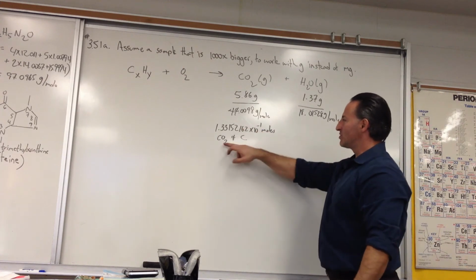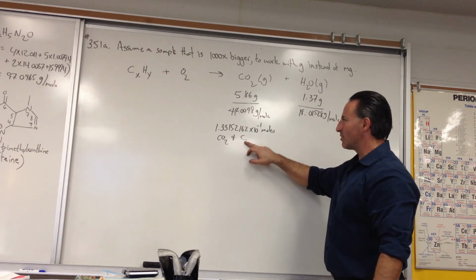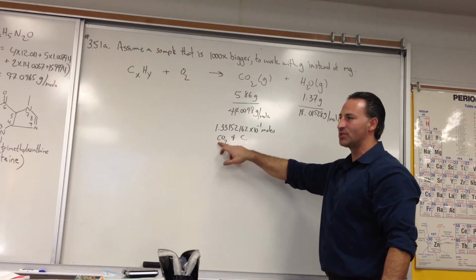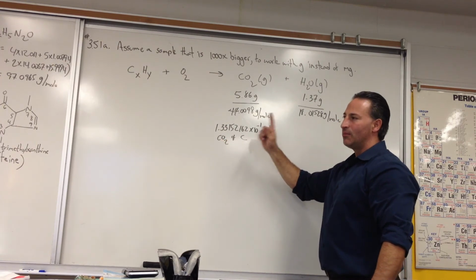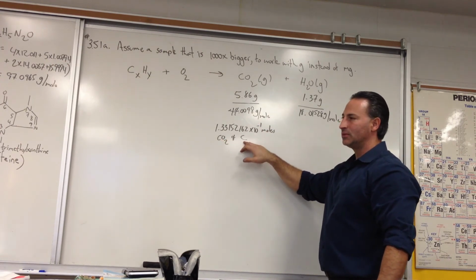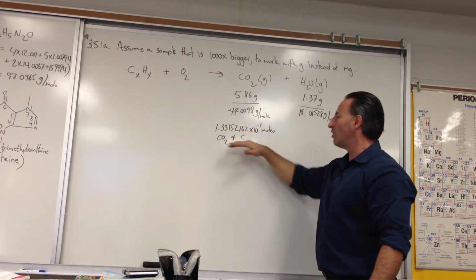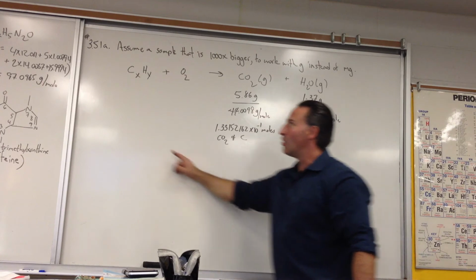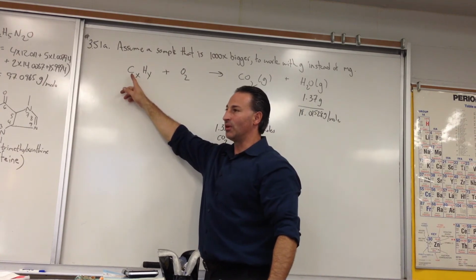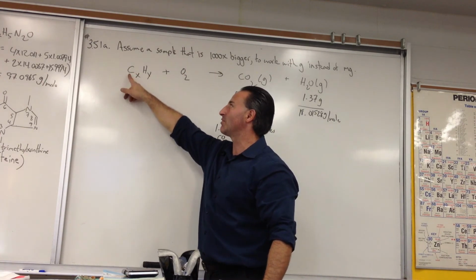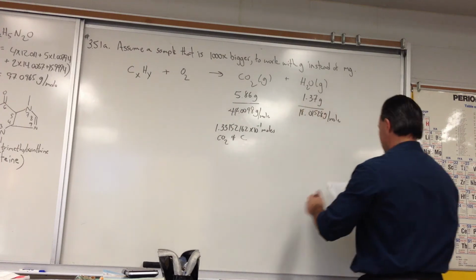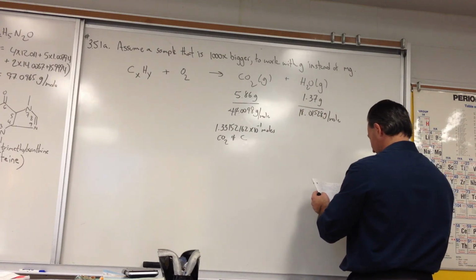If you have that many moles of CO2, you're also going to have the same number of moles of C, because for every molecule of CO2, you have one atom of carbon. Okay, so once you find the moles of carbon dioxide, you've also found how many moles of carbon were in the original molecule that you burned. Because where is all the carbon coming from? Coming from here.